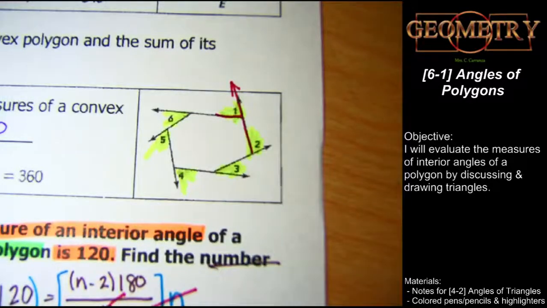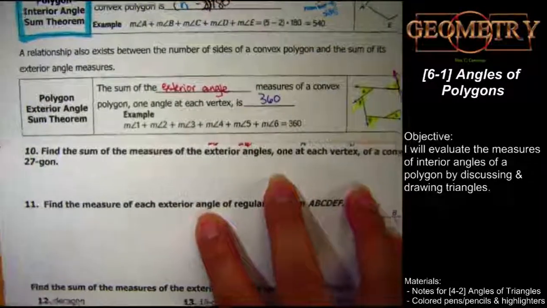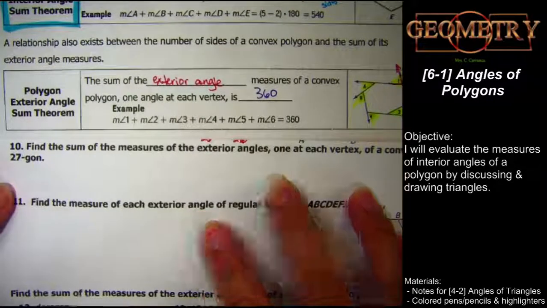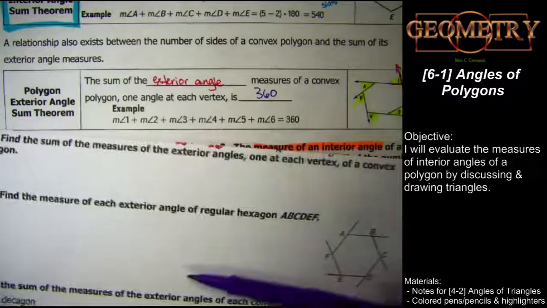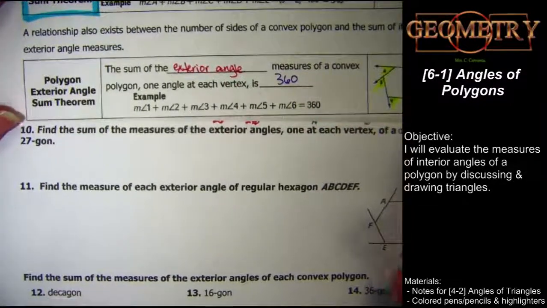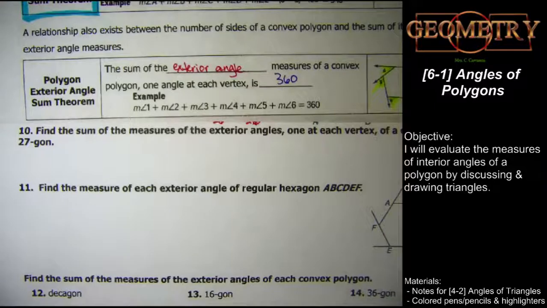That's it. Please join me, page 2 of your notes. We're on problem number 10 and it says find the sum of the measures of the exterior angles, where you have one at each corner, of some sort of convex 27-gon. That's literally how you say the name, 27-gon.